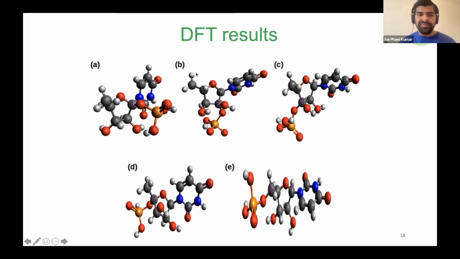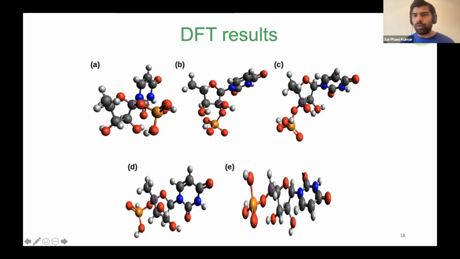If you see structure B, the prime one carbon atom is bonded with the nitrogen of the nucleobase, whereas the prime two carbon atom is bonded with the oxygen of the phosphate group. Whereas in C, the prime one was interacted with the nitrogen of the nucleobase, and prime 3 was interacted with the phosphate.